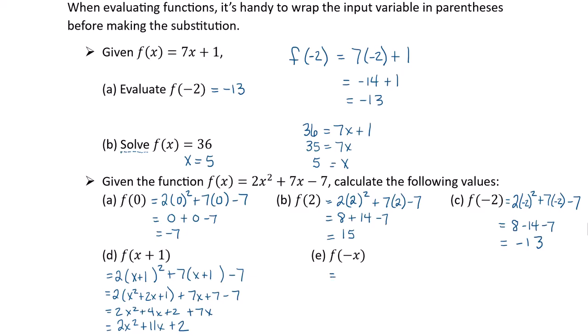Same over here. I'm going to go ahead and write my template out. And I'm going to put my input of negative x and simplify. Negative x squared is the same as positive x squared times 2 is 2x squared. 7 times negative x is negative 7x and minus 7.